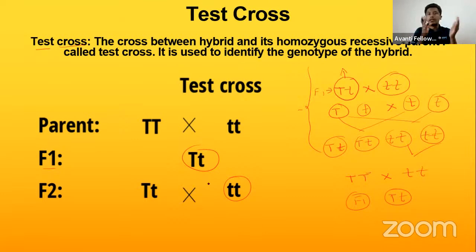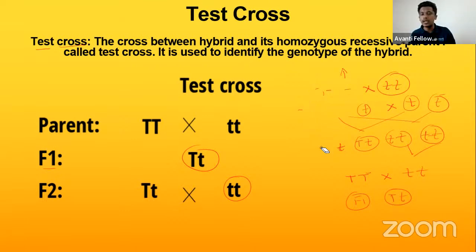So that shows that my F1 plant is a heterozygous one. Understood? So this is called a test cross. The cross made between a hybrid and a homozygous recessive plant is called a test cross, and the advantage is to check the genotype of that plant.